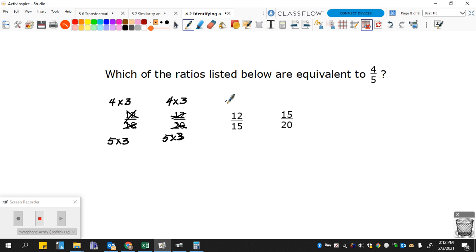Well, 4 times 3, this looks like it. 4 times 3 is 12, 5 times 3 is 15. So that is it. And 4 times what gives us 15? I don't know, but I know that 5 times 4 gives us 20, and 4 times 4 is 16, so that doesn't work. So we have 4 is to 5 as 12 is to 15.